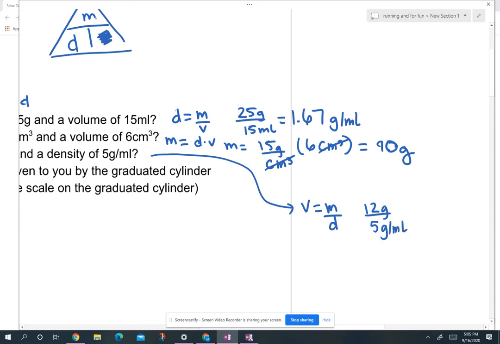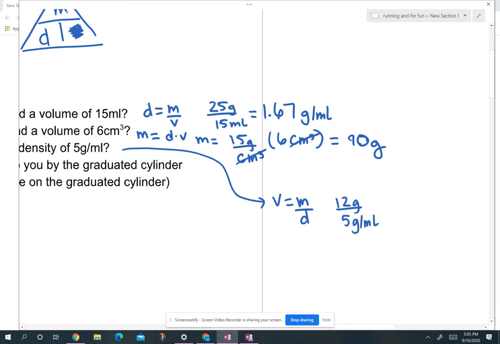Then I'm going to divide that, and I should get volume is equal to 2.4 milliliters. And don't forget, the grams do cancel, but when you're dividing by a fraction, don't forget that you flip it, so it's milliliters.